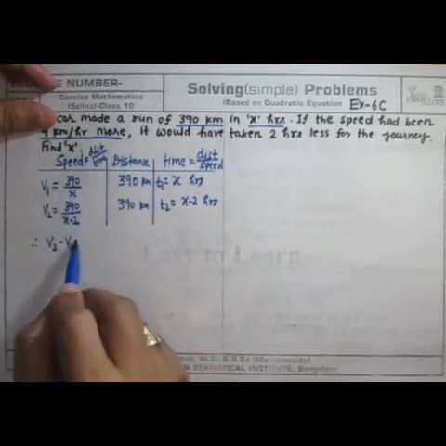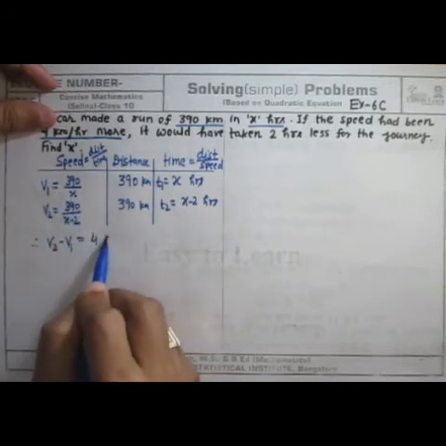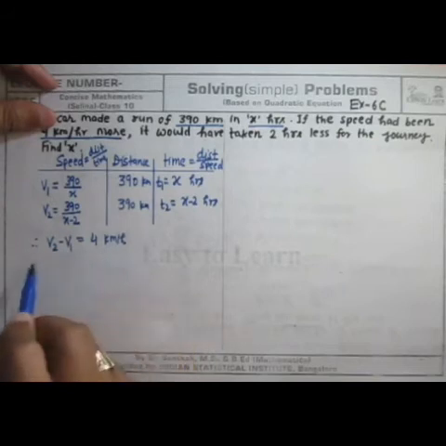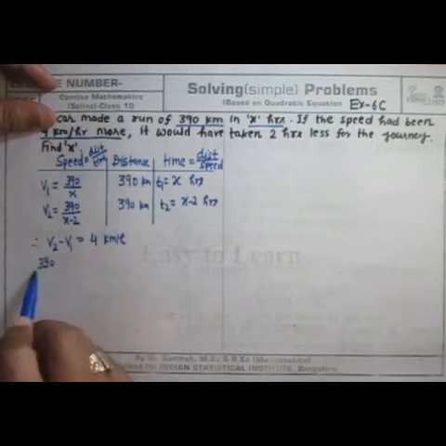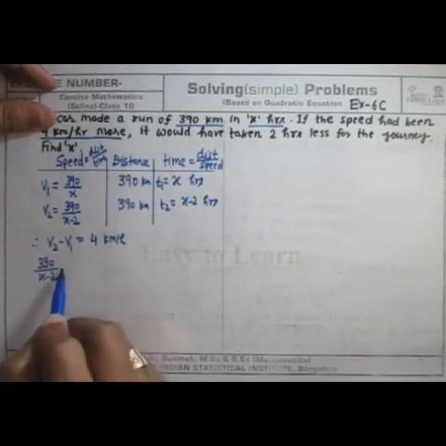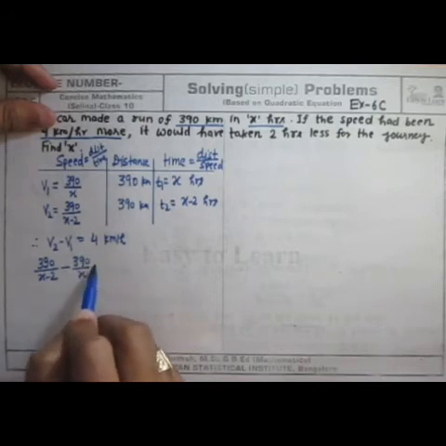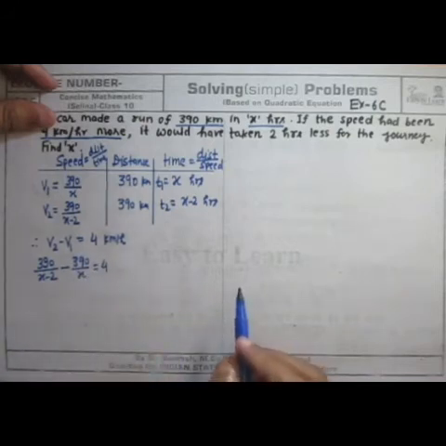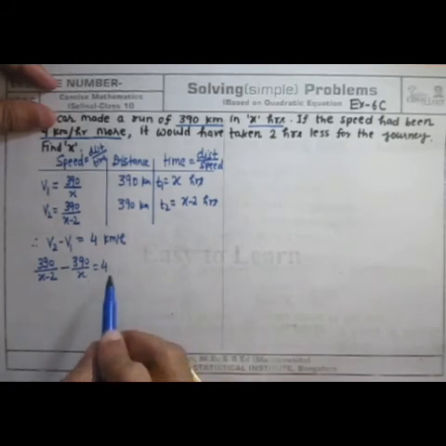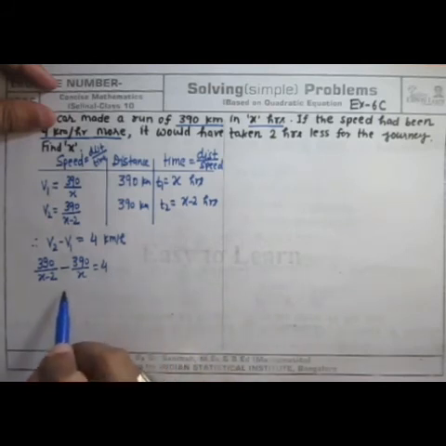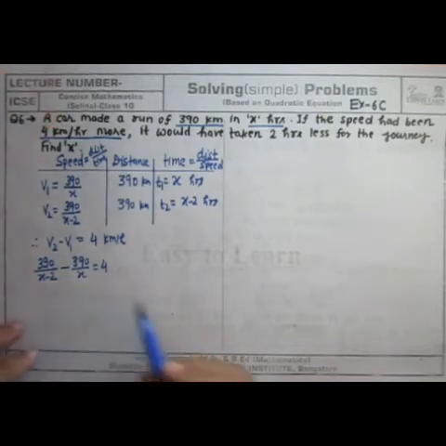So V2 minus V1 is equal to 4 km per hour. That is 390 by x minus 2 minus 390 by x is equal to 4. So now this is the equation. Now you can solve this equation by your own method.